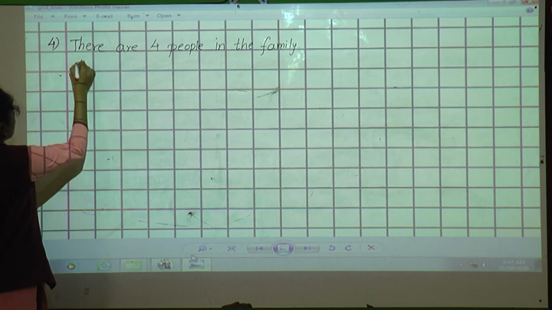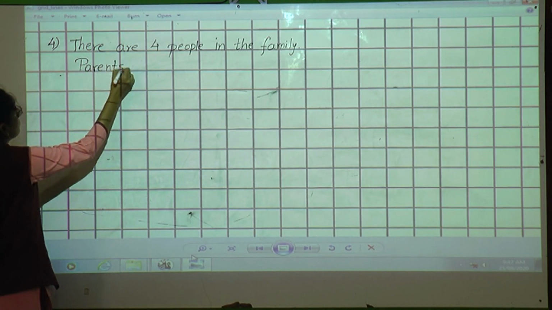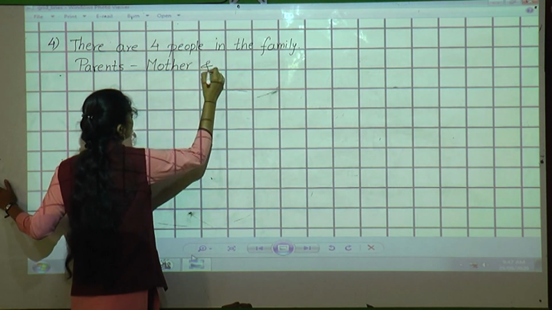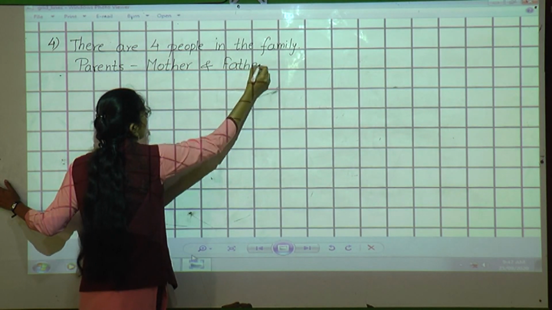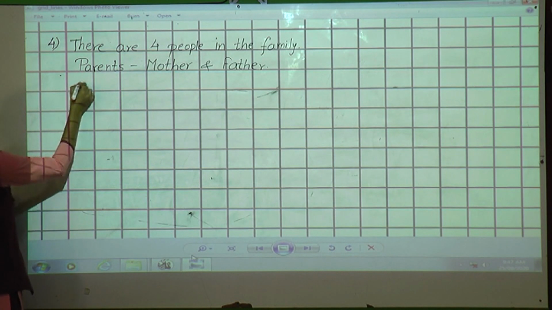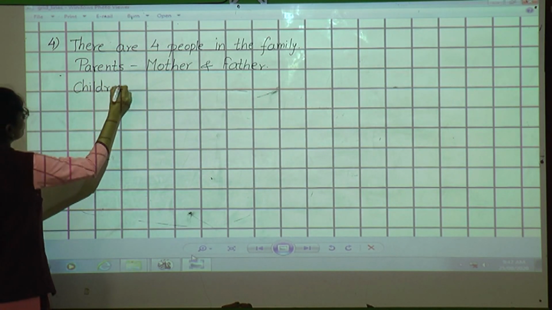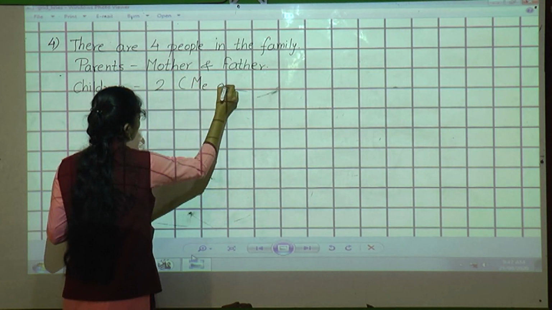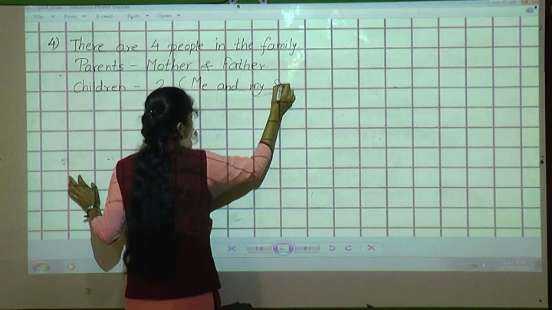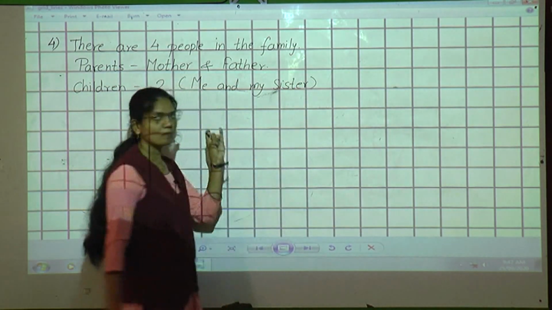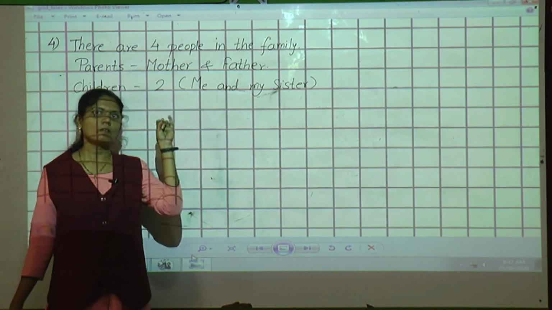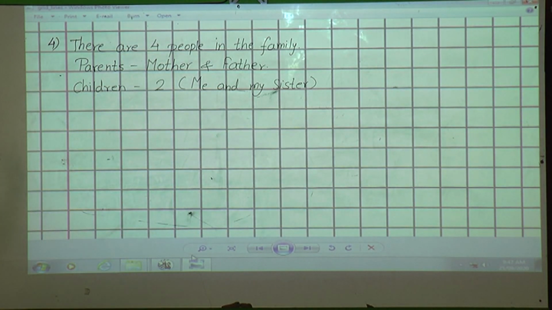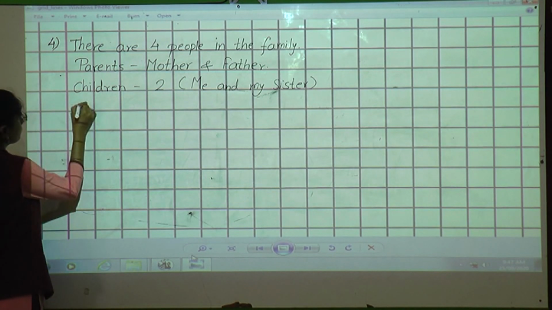Parents, that means mother and father. And how many children are there? Yes, 2 children. In the bracket we will write me and my sister. Means father, mother and 2 children. So what will we write here?